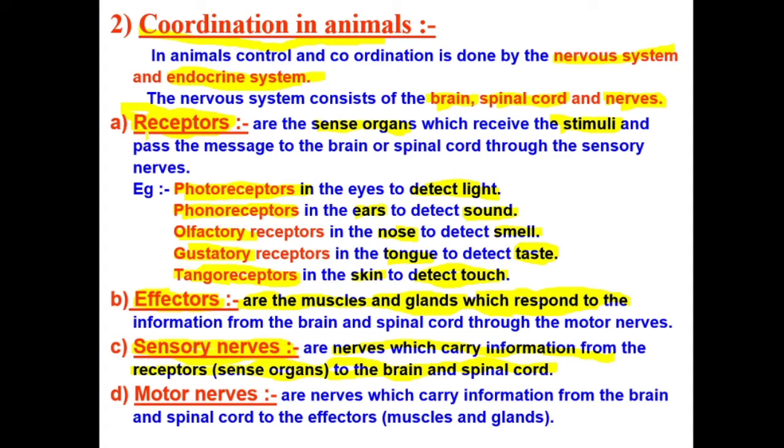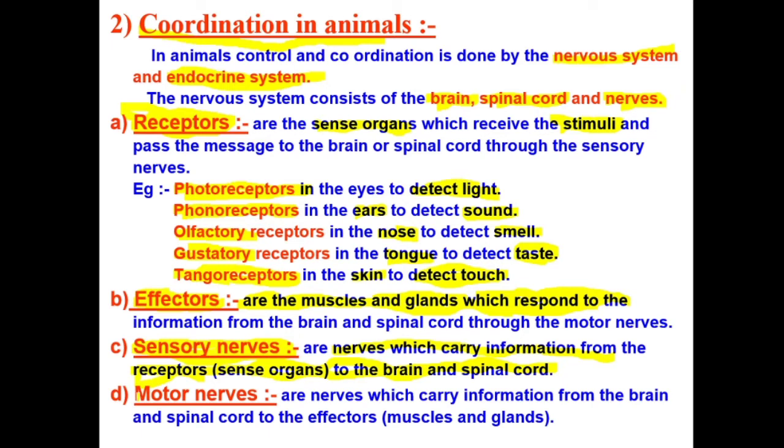Your mother heard from you that there is a leakage and passed this information to your father, and your father took the decision. So we can compare your father with the brain and spinal cord, and your mother with sensory nerves, because your mother carried the information from the receptor, that means you, to your father. So that is a sensory nerve.